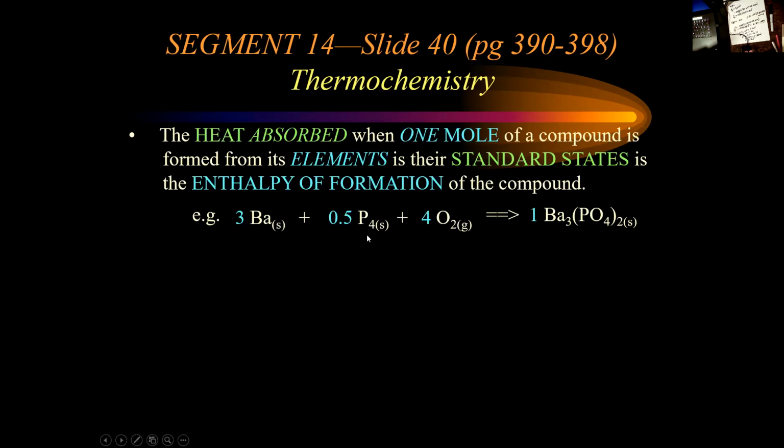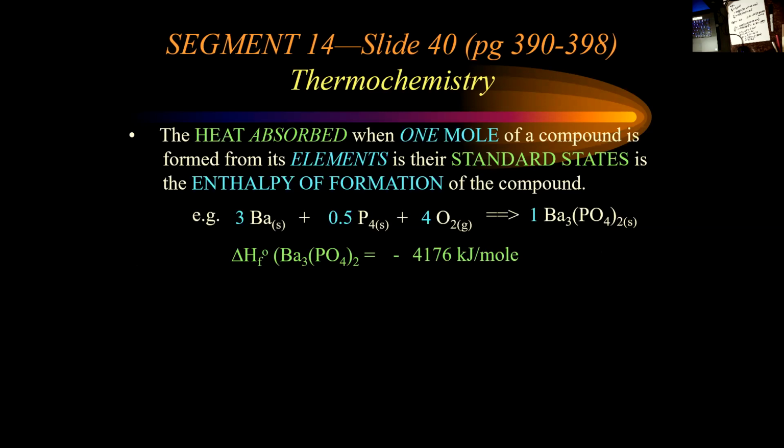So you see, if I could measure a reaction and get this value, however I get it, I can set that equal to this, the energy flow for this reaction, and I can put it in the back of the book. And that's exactly what we do. So the delta H of formation for barium phosphate is listed in the back of your textbook as minus 4176 kilojoules per mole. Now, what did that tell me?